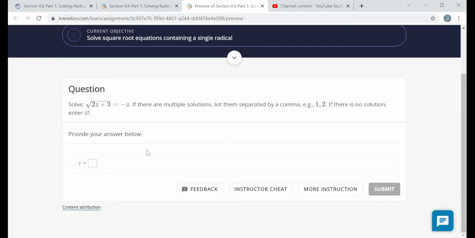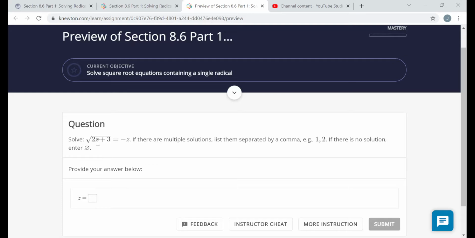Every question should have below it a feedback button, which allows you to send feedback to Knewton. You will not see the instructor cheat button, and there should be a more instruction button that you can click on. It'll provide you with further reading material, maybe some extra videos to help you when you're struggling with a particular objective.